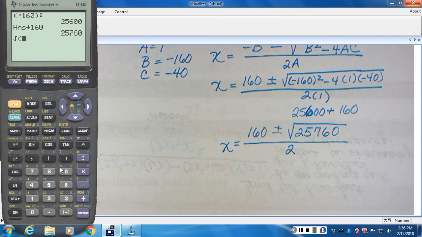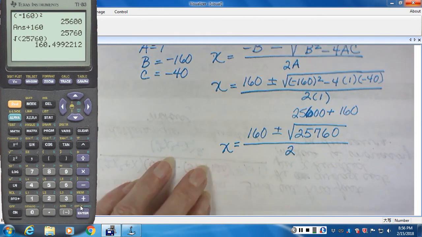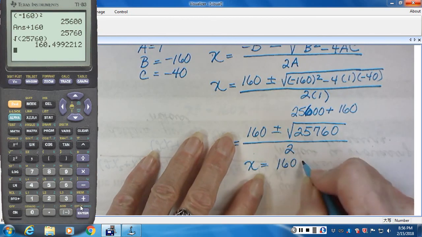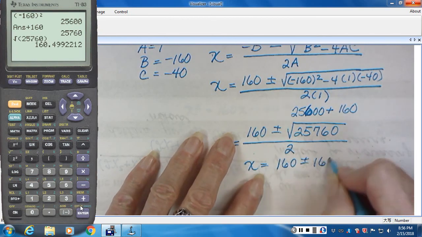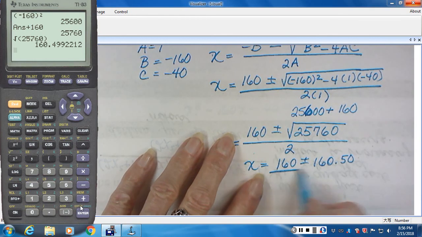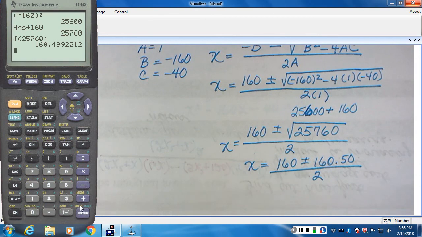So the square root of 25,760, we'll call that 160.5. And that's all going to be divided by 2.